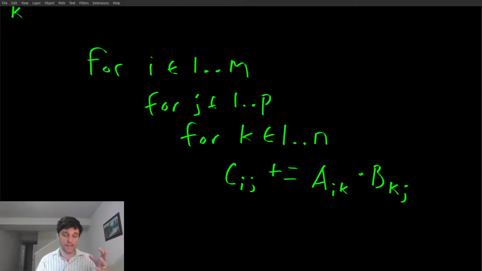So this is the pseudocode algorithm for matrix multiplication, this triply nested for loop.